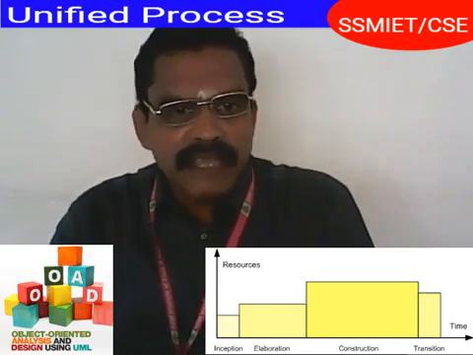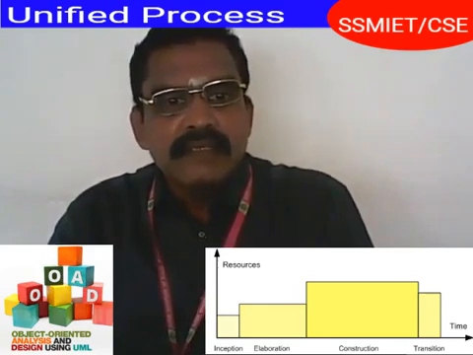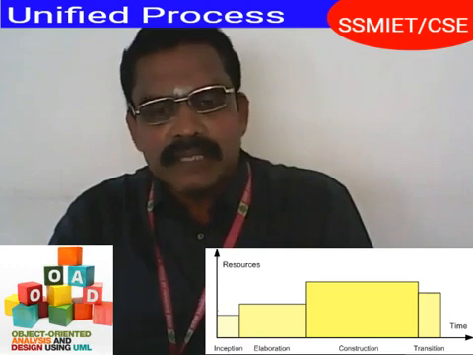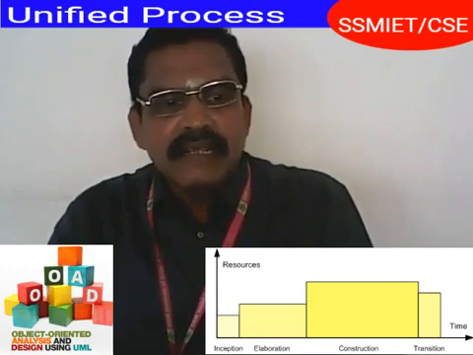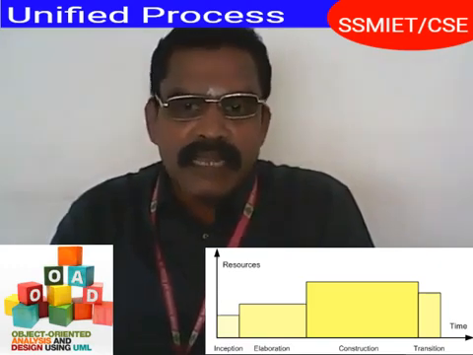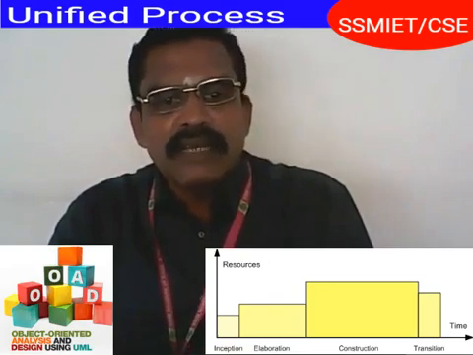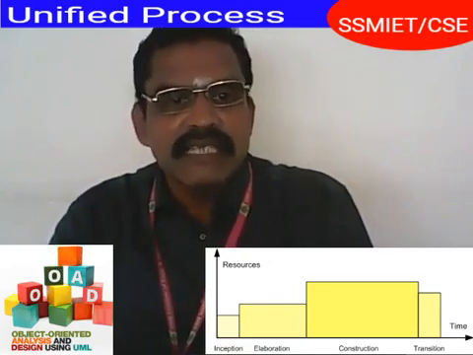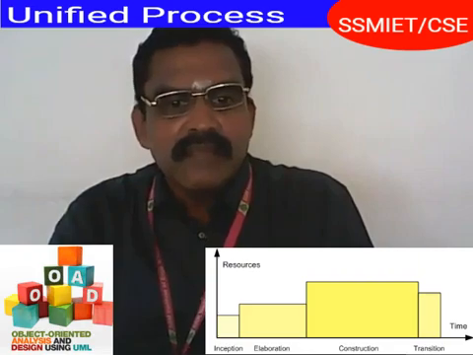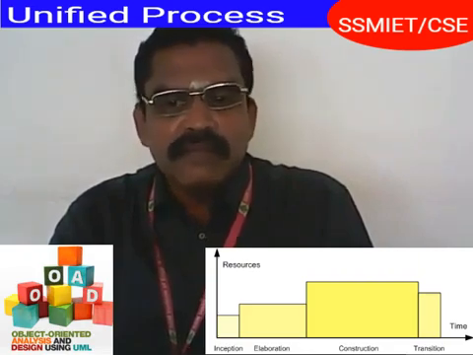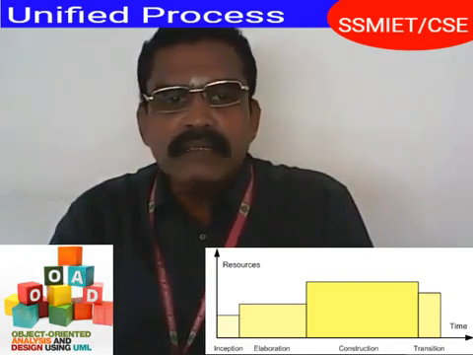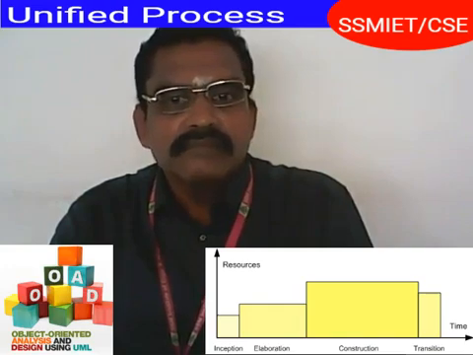By the end of the elaboration phase, the system architecture must have stabilized, right? And the executable architecture baseline must demonstrate that the architecture will support the key system functionality and exhibit the right behavior in terms of performance, scalability and cost.